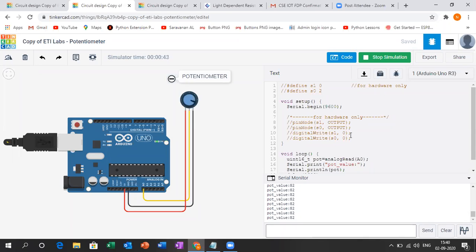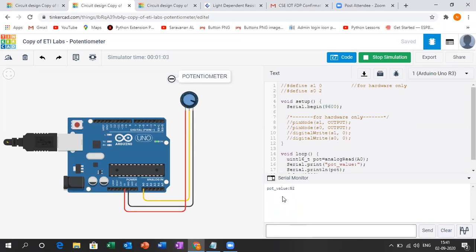You can use it in any voltage divider network to obtain a desired resistance value. That's the working of potentiometer, and these are the values printed here on the serial monitor.